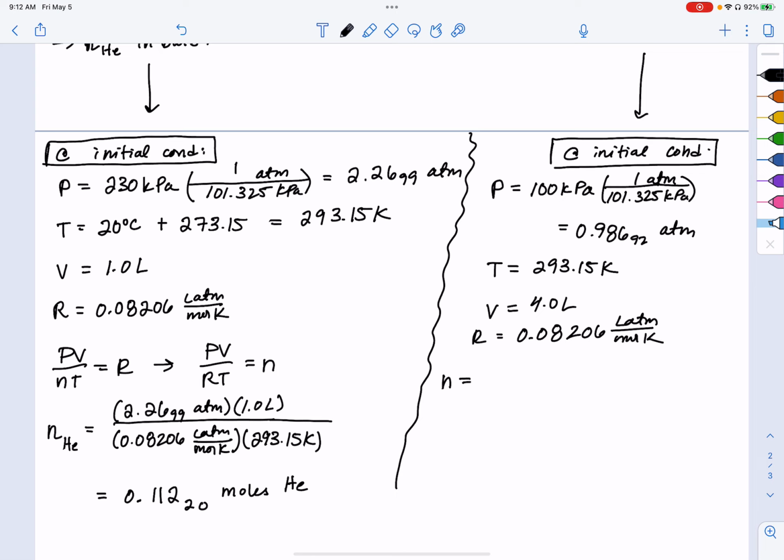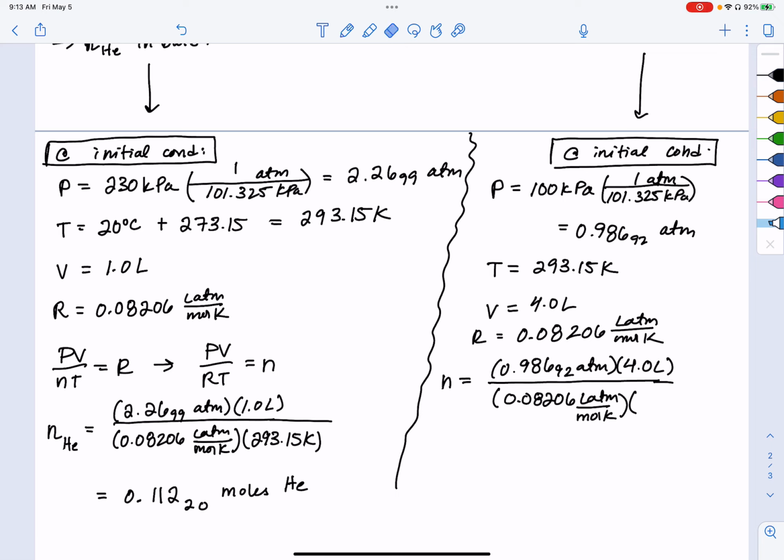So let's solve for moles using our rearranged version of the ideal gas law. So this is going to be 0.98692 atmospheres times 4.0 liters over 0.08206 liter atmospheres per mole Kelvin, our gas constant, times now our temperature, 293.15 Kelvin.